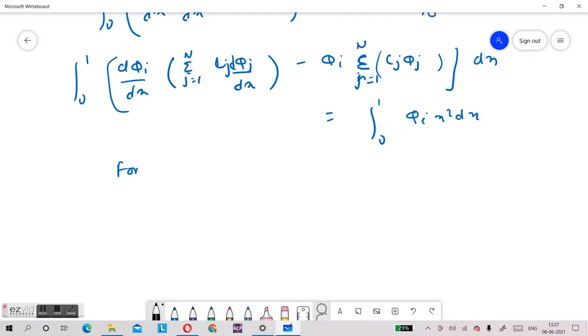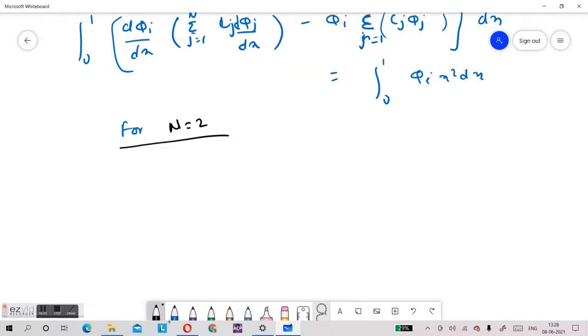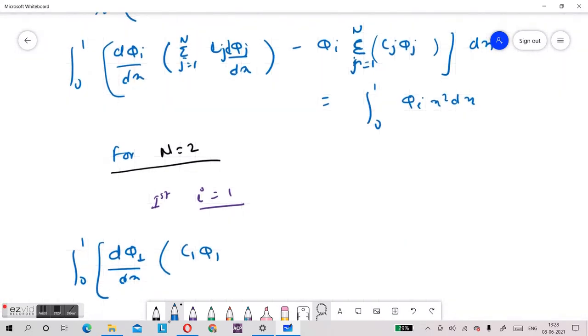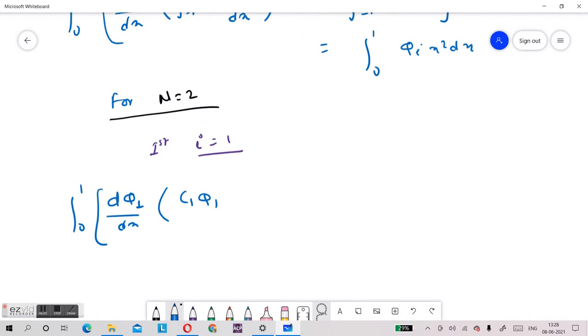Now we are solving for n equals 2. First for i equals 1. This is an easy method for solving the differential equation. So it will look like integral 0 to 1, with i equals 1, d phi 1 over dx, then c1 phi 1 plus c2 phi 2 because we are considering n equals 2 here.